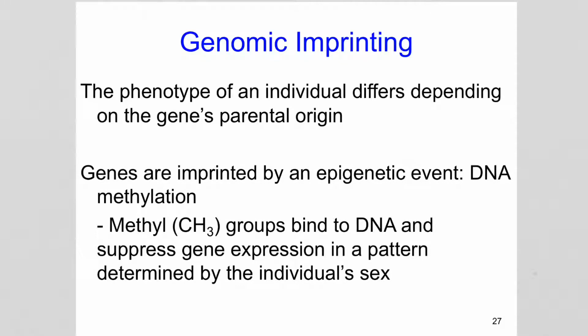So we could have a gene, for example, that would function if it comes from the father, but it won't function if it comes from the mother because that's where the imprinted gene would be methylated. So it's a parental effect on gene expression, and it's seen in disorders that are always inherited from either the mother or the father. That's your clue that you're dealing with genomic imprinting.